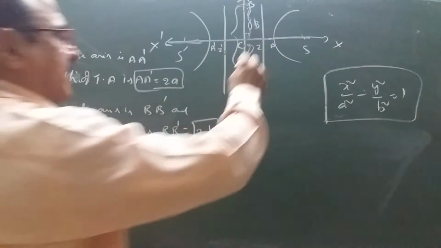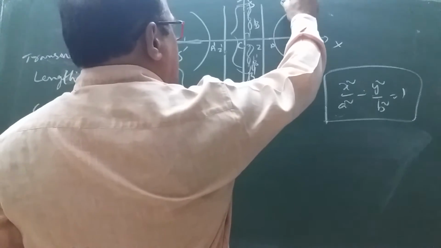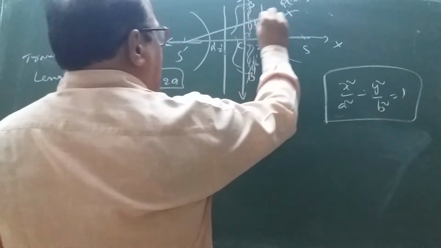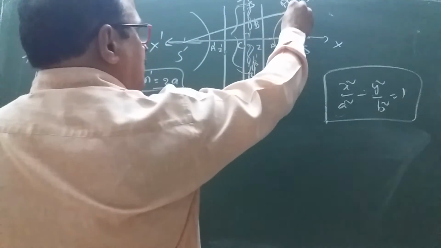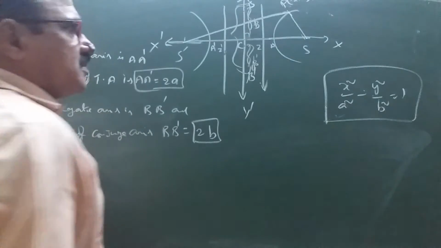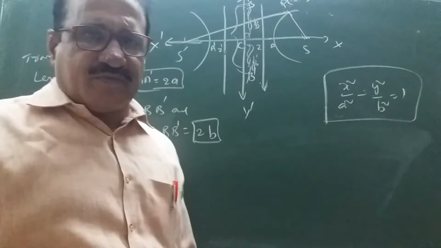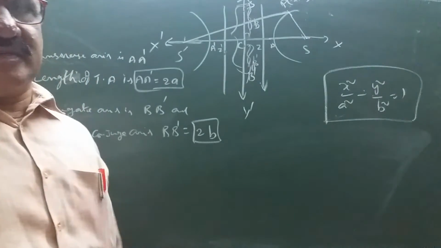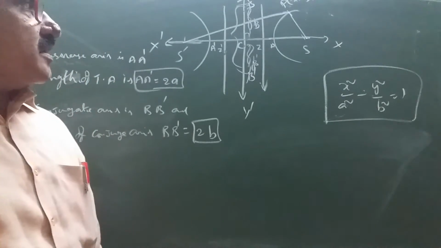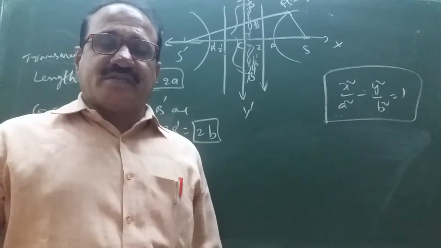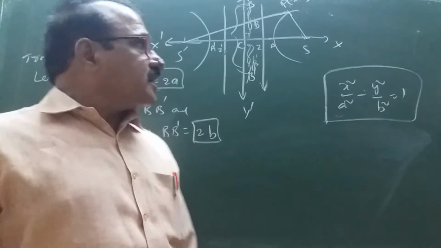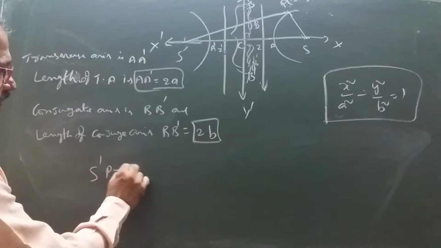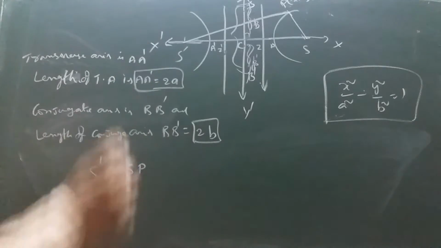Here, if we take any point P(x, y) on the hyperbola, then S dash P minus SP is constant. There is no need to prove it. It is a very simple proof. In the ellipse S dash P plus SP is equal to a constant, but here S dash P minus SP depends on the difference of focal distances.